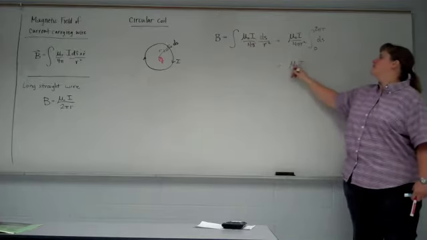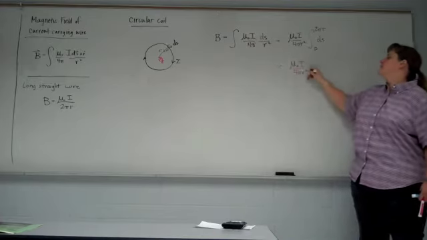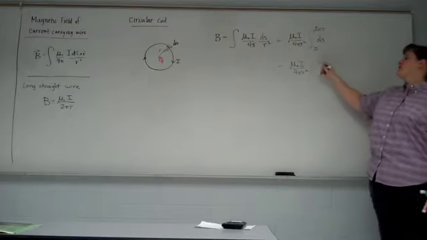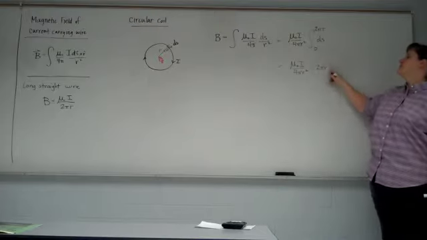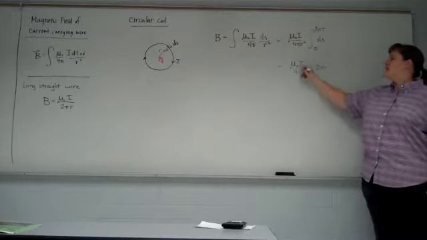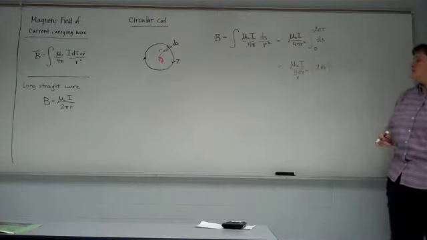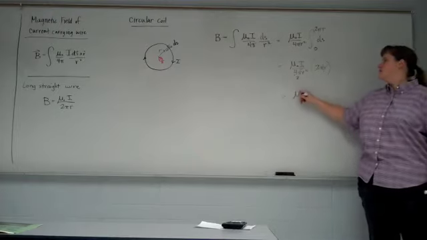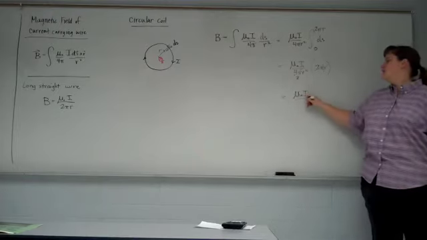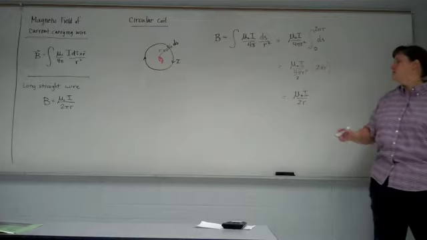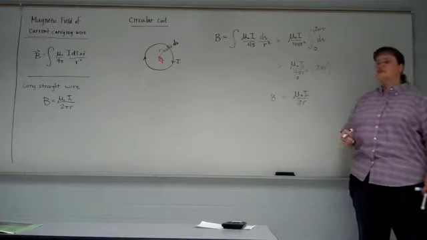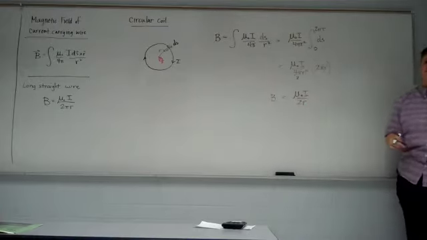So we have all this stuff. Integral of ds is s, plugging in our limits, 2 pi r. So 2 pi simplifies that down to a 2. The r cancels one of those. So we get mu naught I over 2r is the magnitude of our field.